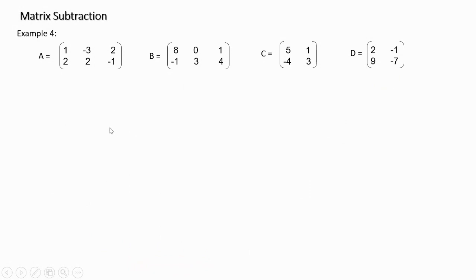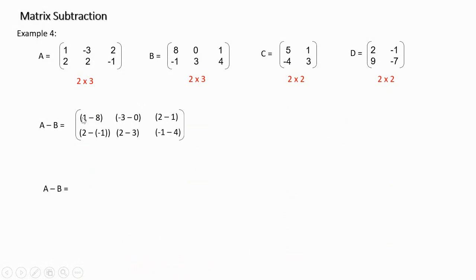Now subtraction. Same thing as before. We use the same matrices as before, but now instead of adding, we're going to be subtracting. A minus B. So it's going to be 1 minus 8, negative 3 minus 0, 2 minus 1, 2 minus negative 1, 2 minus 3, negative 1 minus 4.